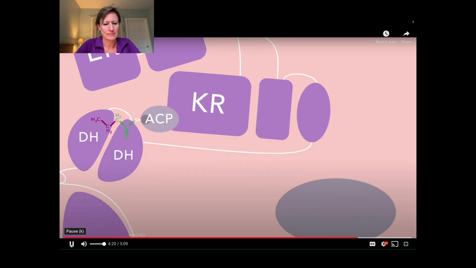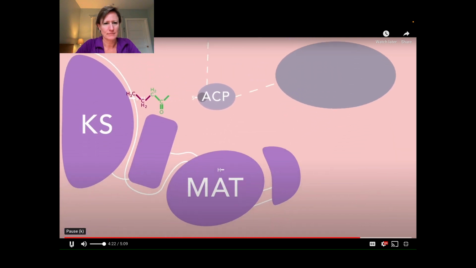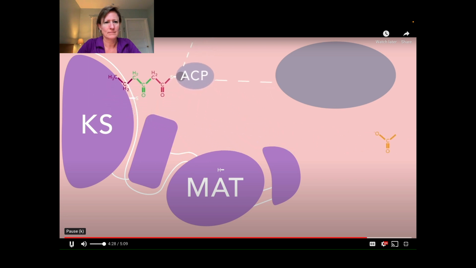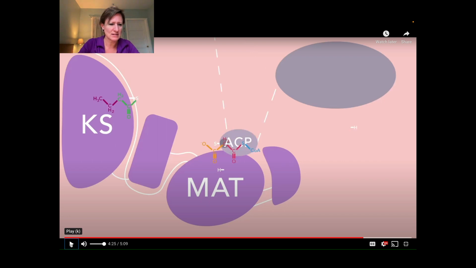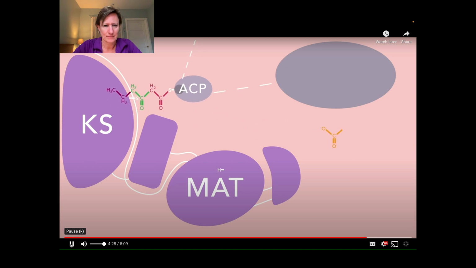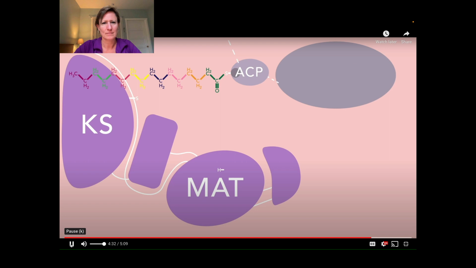The chain is then transferred to beta-ketoacyl synthase, and the entire cycle, beginning with the attachment of malonyl-CoA to the acyl carrier protein, is repeated. They were just showing that we're repeating this. So this is going to be repeated until we get to 16 carbon atoms long. The cycle is repeated until the fatty acid chain contains 16 carbons.